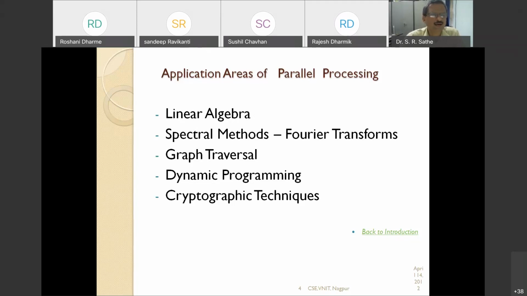With the advent of cryptography, cryptography techniques can also be parallelized. The advantage of speed up is that you can encrypt in less time, or if you are a cryptanalyst, you can decrypt in less time. These are several areas I have listed, and apart from machine learning, all the areas can be parallelized using techniques in parallel computing.